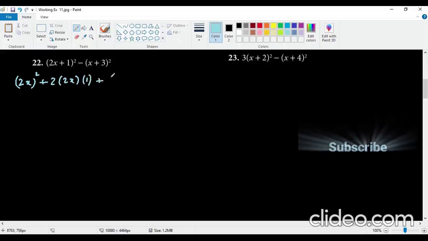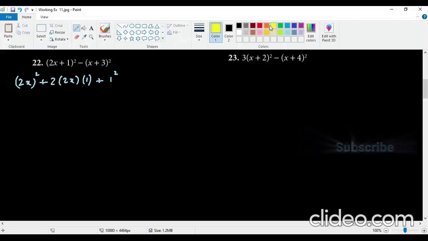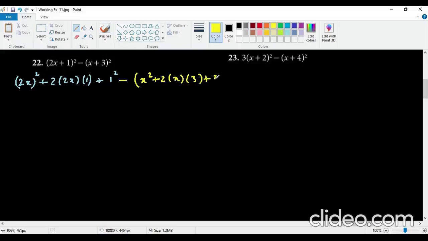Now I'm using this minus sign. In the minus I will be using a bracket over here, and a square plus 2a and b plus b square. I'm closing the bracket once again.